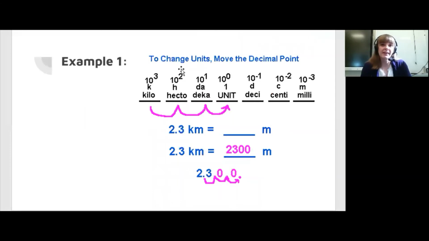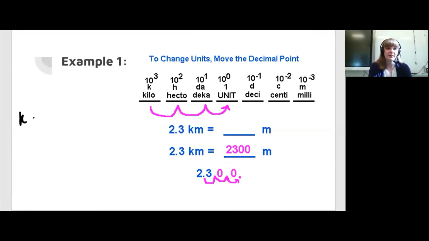If I wanted to convert 2.3 kilometers, I would start at the K for king. They've written King Henry died unexpectedly drinking chocolate milk a little bit differently here, but essentially it's the same thing. I'll rewrite it over here.